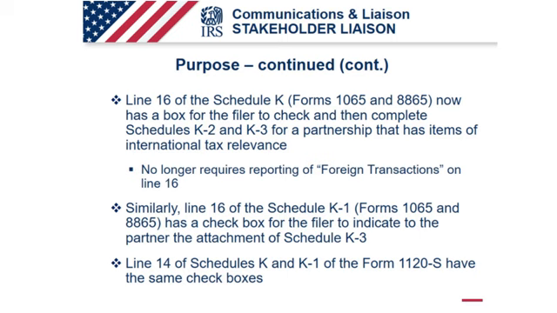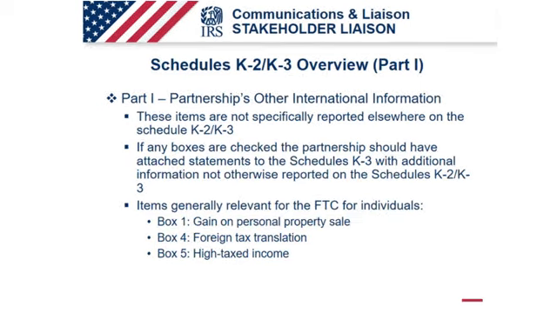In like manner, line 16 of the Schedule K-1 for both Forms 1065, again, and Form 8865, makes a reference to the Schedule K-3, has a checkbox for a partnership to indicate to the partner the attachment of the Schedule K-3. Line 14 of the Schedules K and K-1 of the Forms 1120-F have the same checkbox.